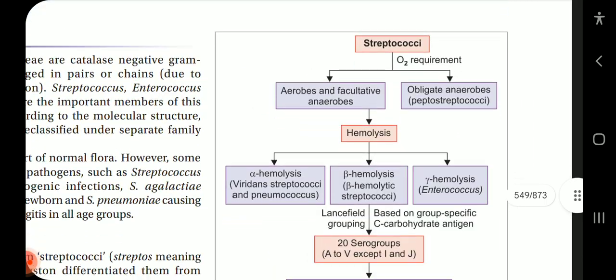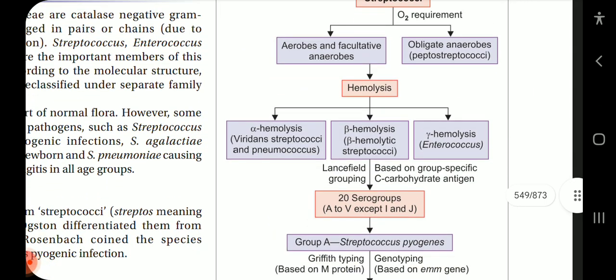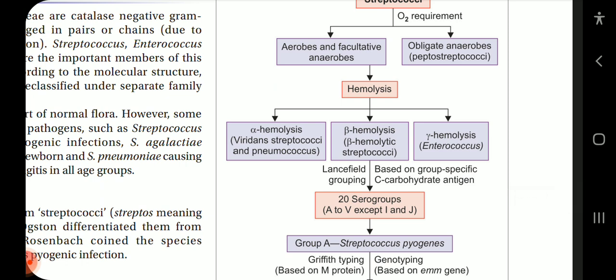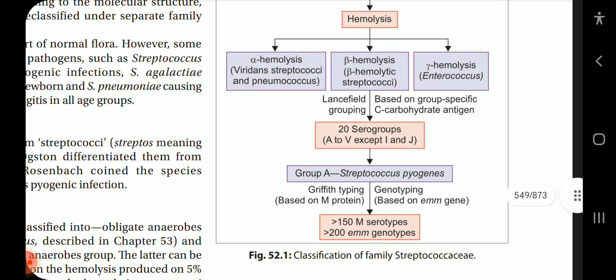Now, in this figure, we can see the streptococci based on oxygen requirement. They can be classified into aerobes and facultative anaerobes or the obligate anaerobes like peptostreptococci. Now, the aerobes and facultative anaerobes based on hemolysis can be classified into alpha hemolysis, viridans streptococci and pneumococcus, the beta hemolysis, beta hemolytic streptococci, and the gamma hemolysis, which is enterococcus.